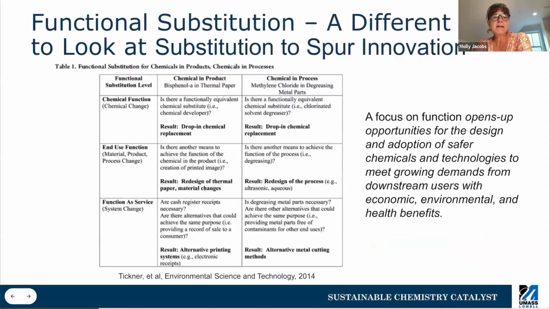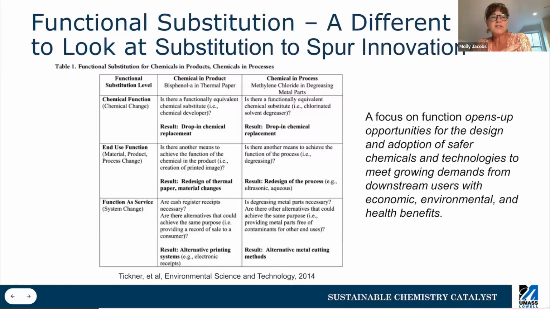So today, much of the emphasis on chemical substitution has focused, again, as I mentioned just a couple slides ago, on avoiding a specific substance, or now we're actually looking towards avoiding specific classes of substances. We've done less well on considering the function that chemical provides and trying to identify safer alternatives that meet that function.